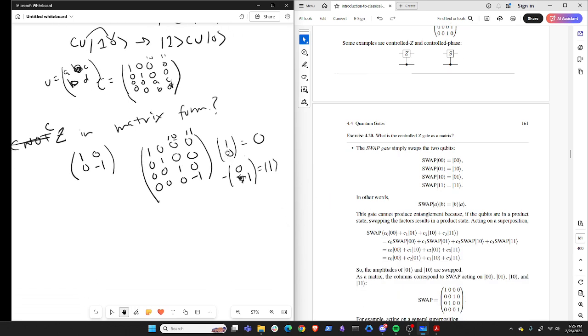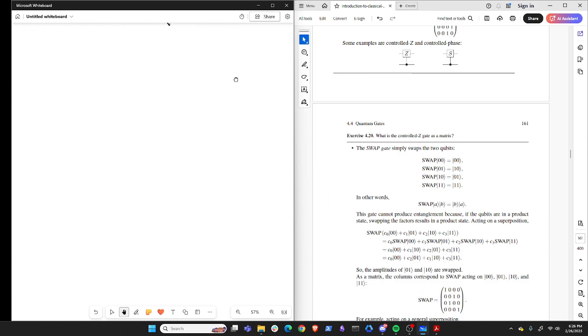Swap gate. We went over this in the knowledge check yesterday, where basically we can swap the amplitudes of 2 qubits. So 0, 0, not a great example, but that equals 0, 0. If we want to swap 0, 1, that'll become 1, 0, and vice versa for the other two.